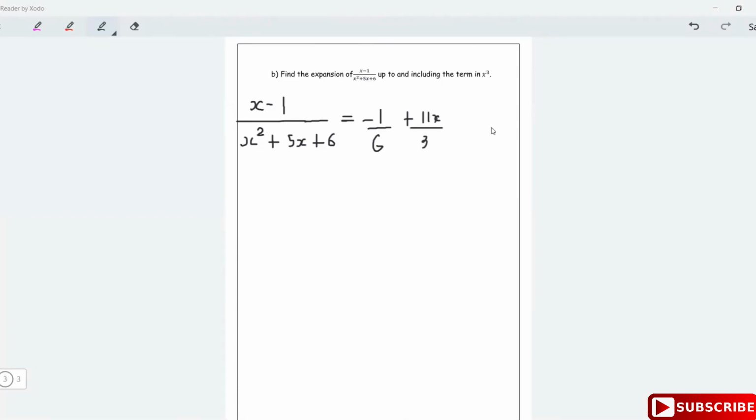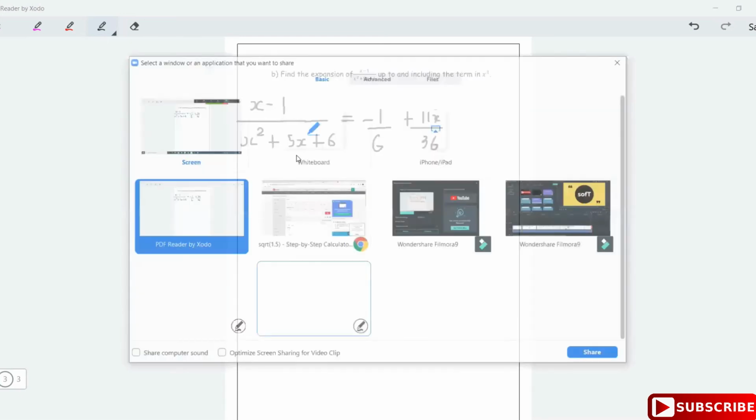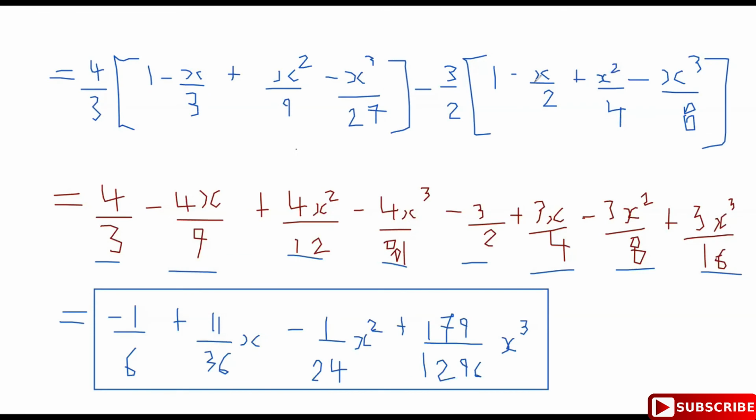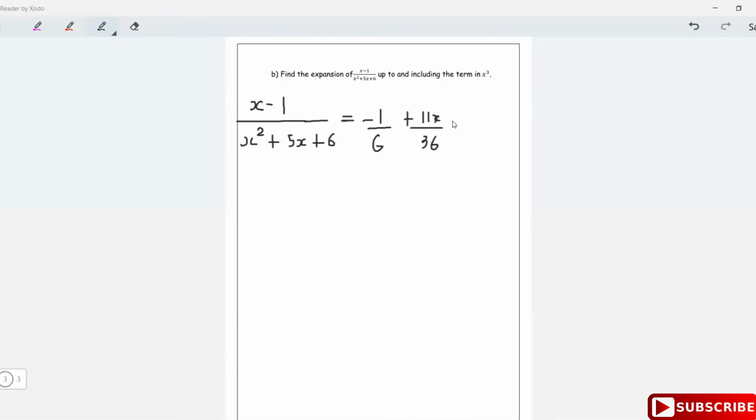Then we had our x squared term, which was minus 1 over 24 x squared. So that's going to be minus x squared over 24.